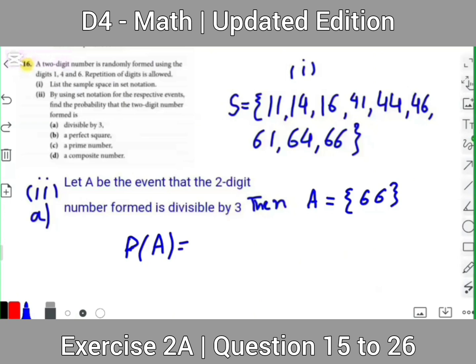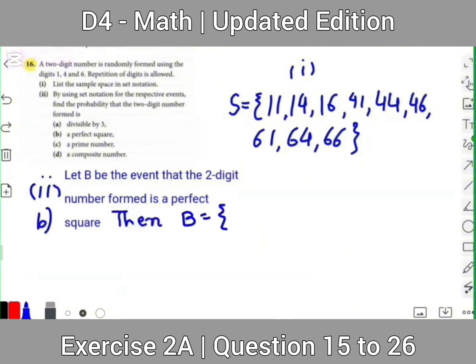Now to find the probability of the event A, we will use the formula: the probability of A equals n of A divided by n of S. Since the number of elements in the event A is 1, and the number of elements in the sample space is 1, 2, 3, 4, 5, 6, 7, 8, 9, the probability that the two-digit number formed is divisible by 3 is equal to 1 over 9.